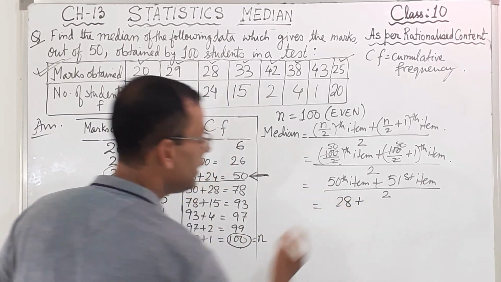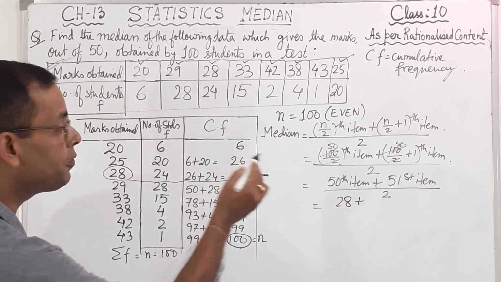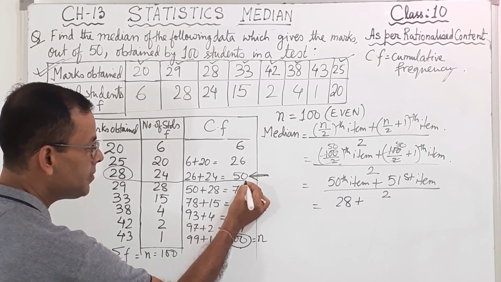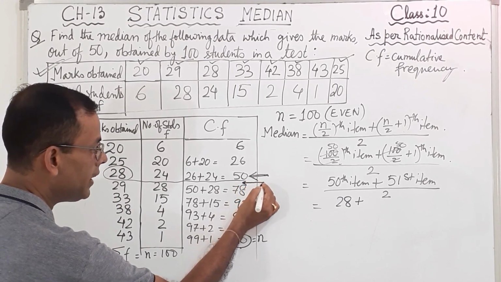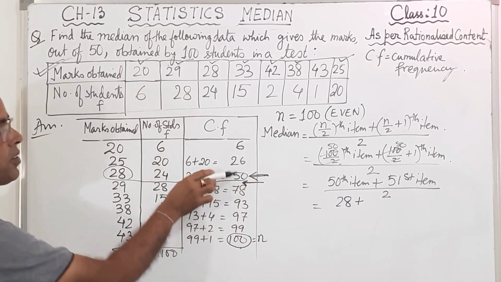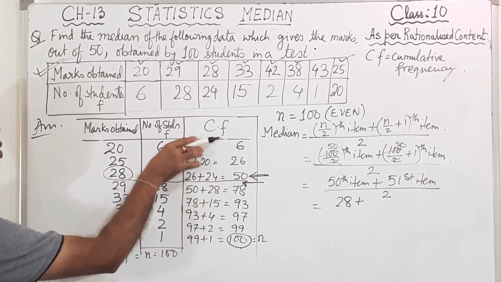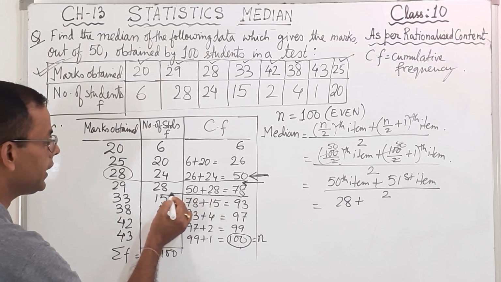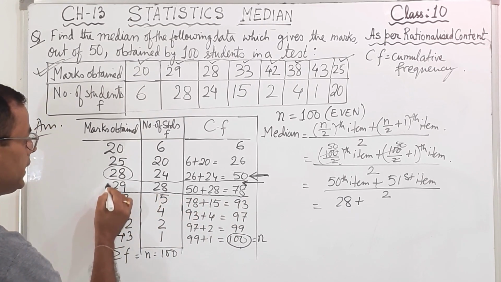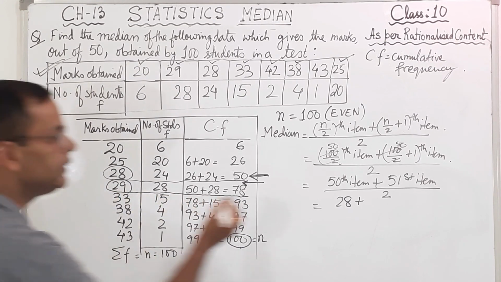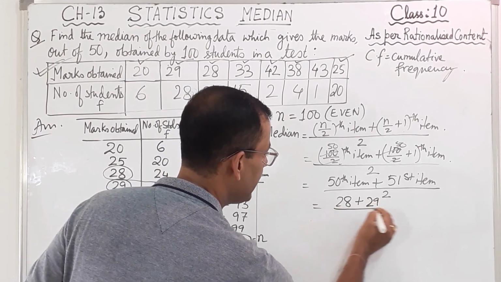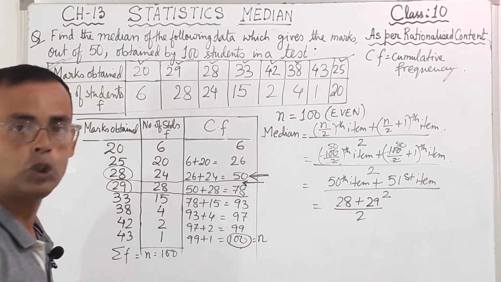So the 50th item is 28. Then the 51st item will be in between 50 and 78, so the arrow mark will be here in between. Once it crossed the third row, it cannot go back, so we have to take the fourth row. It is coming and hitting here. Which one? 29. So the 51st item is 29, and then divided by 2.